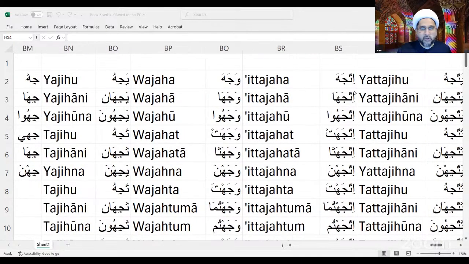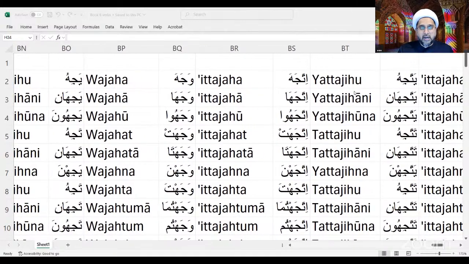Ittajaha. Now here we have wajaha. So wajaha, we're changing it to ittajaha. The reason why I've done this word mutawajjihun is that it's used in Arabic and it's quite a popular word to direct someone's attention towards something.